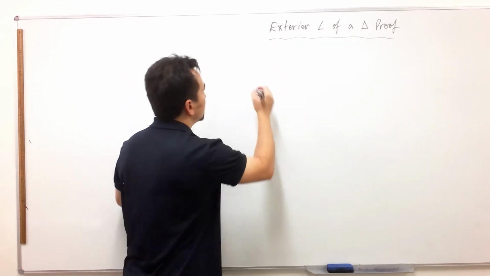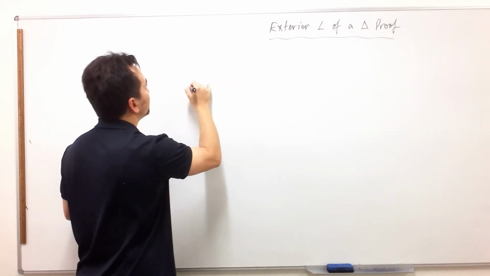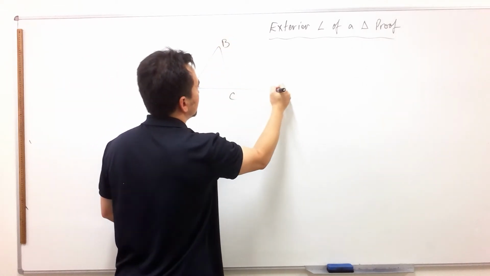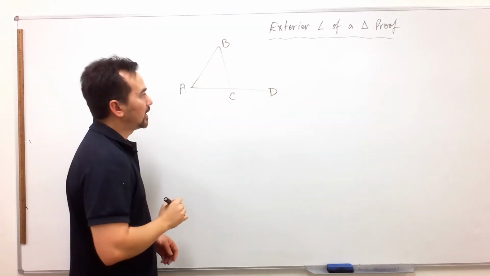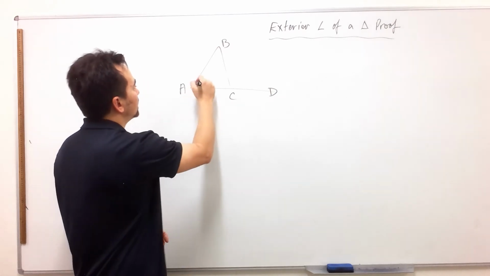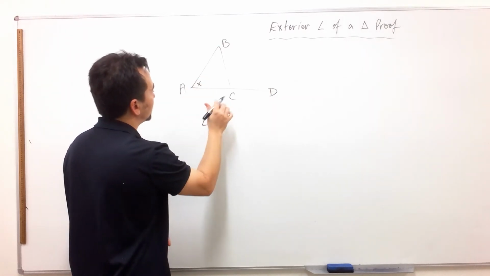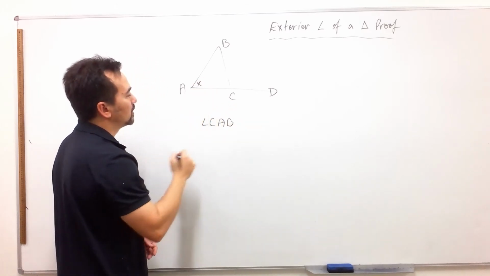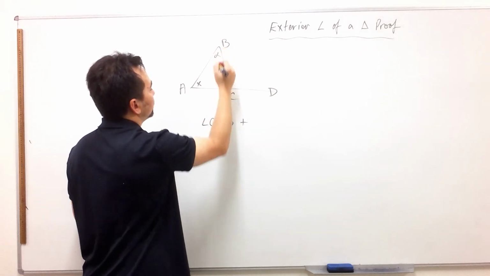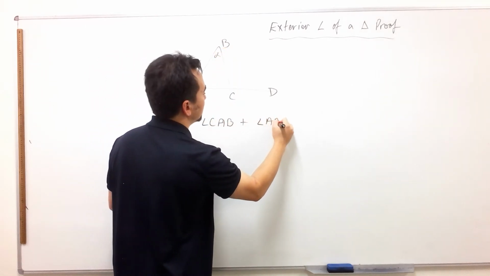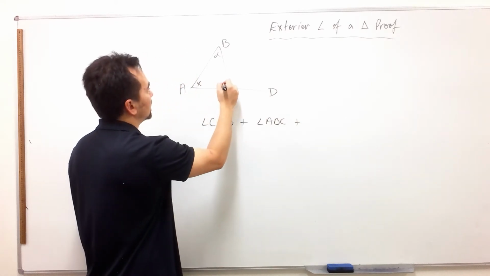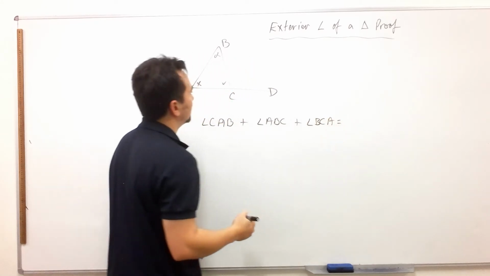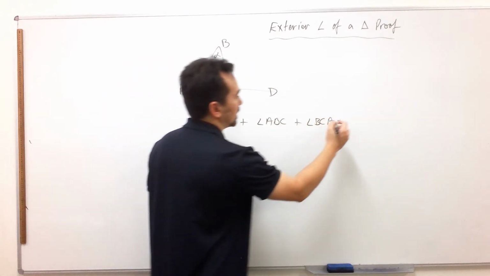Alright. So we'll start with our diagram. Call this A, B, C, and D. And we're going to say that this angle, call that angle CAB, that's this one here, plus this angle here, angle ABC, plus this angle here, angle BCA, is equal to 180 degrees.